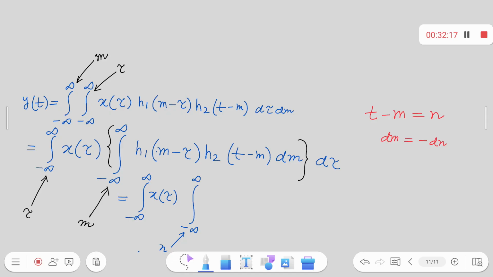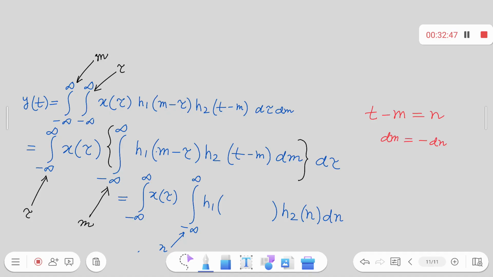Well, h1. What should I write over there? h2 is okay. h2 what? h2 of n, right? dn there. t minus m is equal to n, so h2 of n, dm is equal to minus dn. The minus you have already absorbed. That's done.